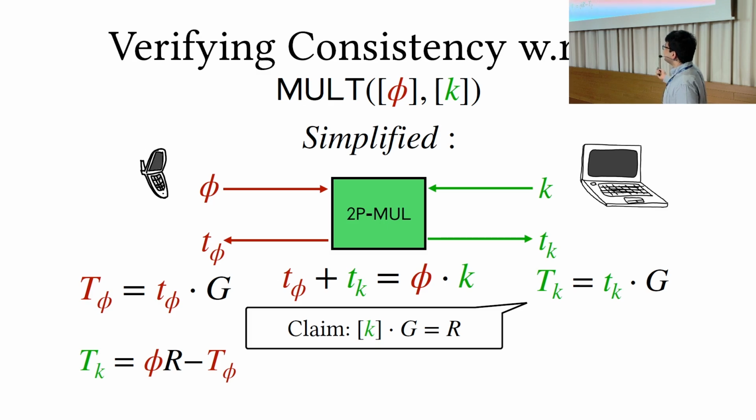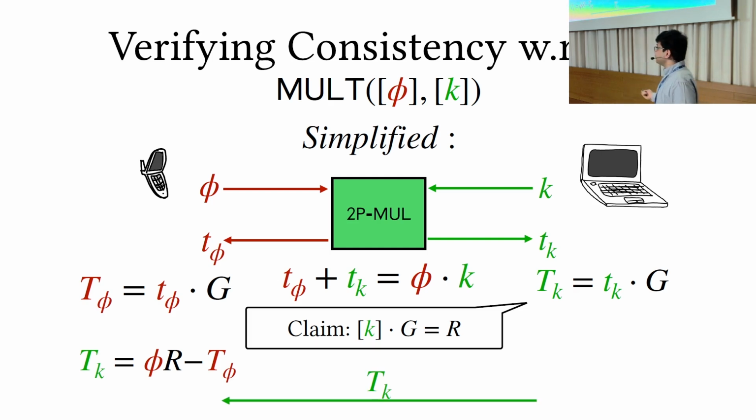The interesting thing now is that the phone can just exploit the equation of the two-party multiplication to derive the laptop's share in the exponent locally. Right? So observe that the phone has all the information that it needs to compute capital T_k, even though t_k is a value that belongs to the laptop.